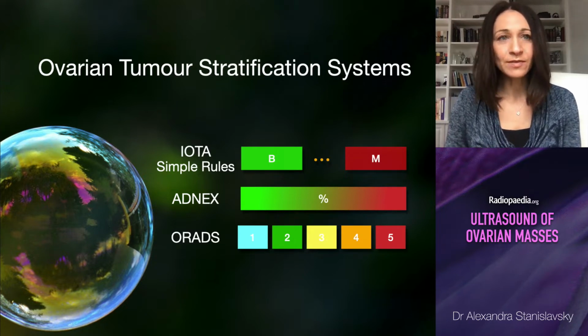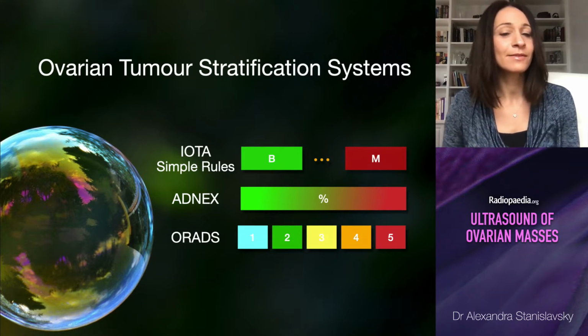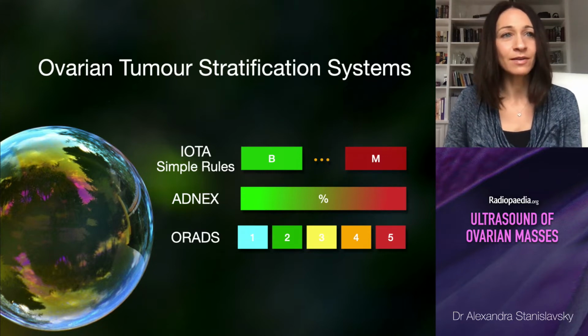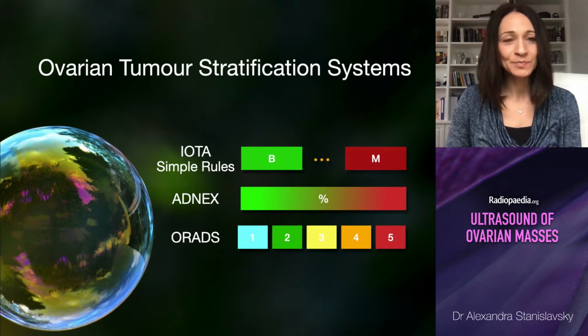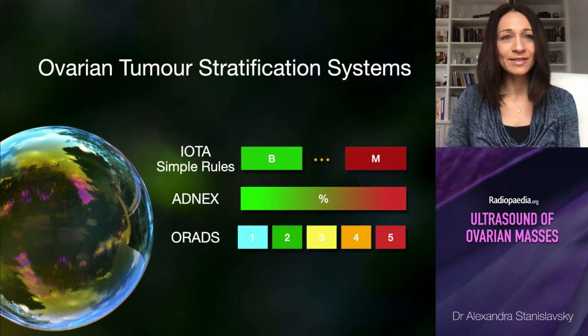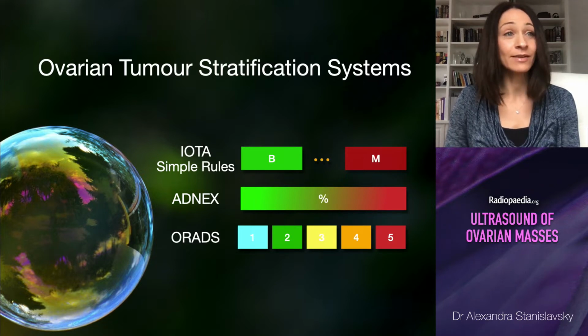And I should preface from the outset that I have in no way any affiliation with any of these stratification systems, either clinically or financially. My only bias is the promotion of value adding in our radiology reports.